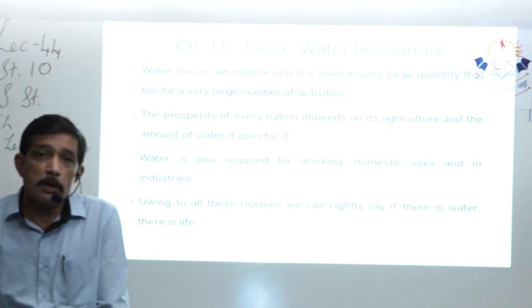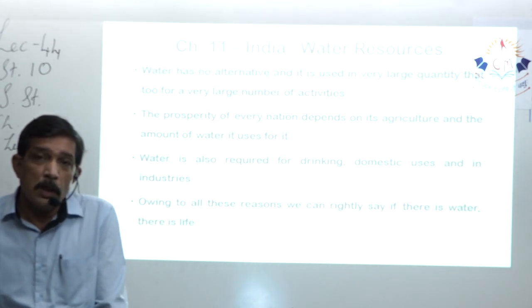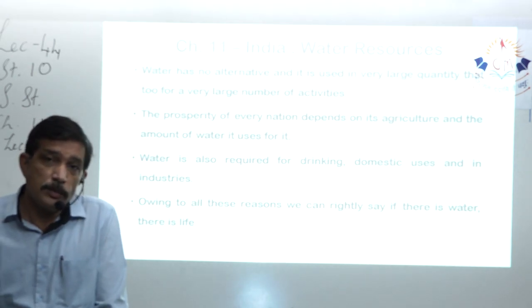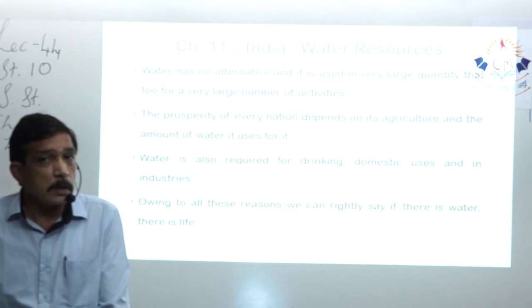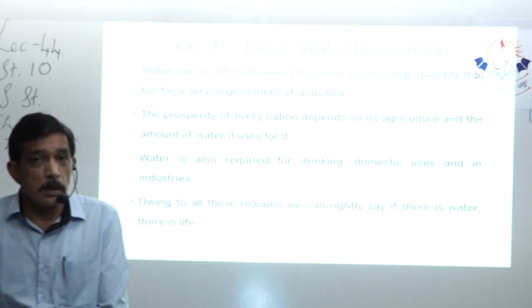The source of water is not found. The source of crude oil, petroleum, is available in plenty. So petroleum is quite cheap, whereas water is quite costly.